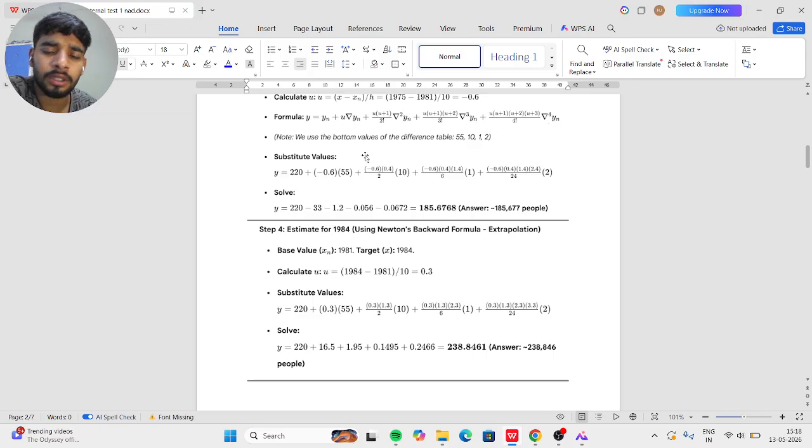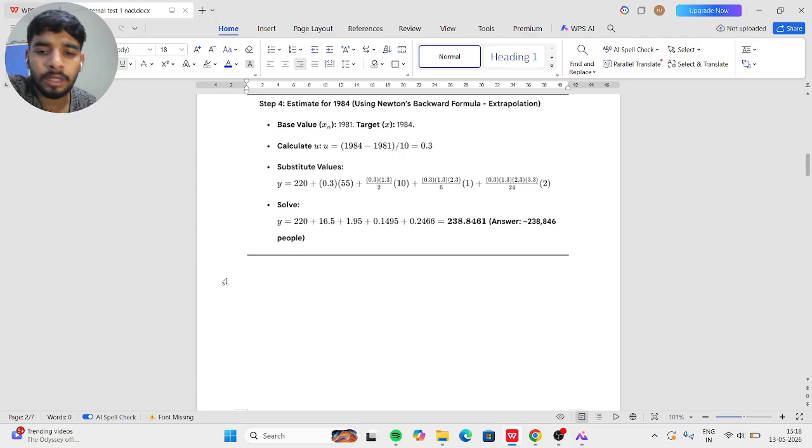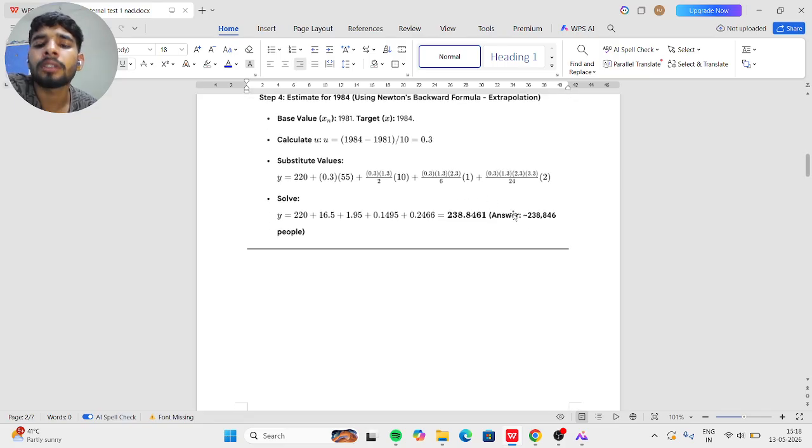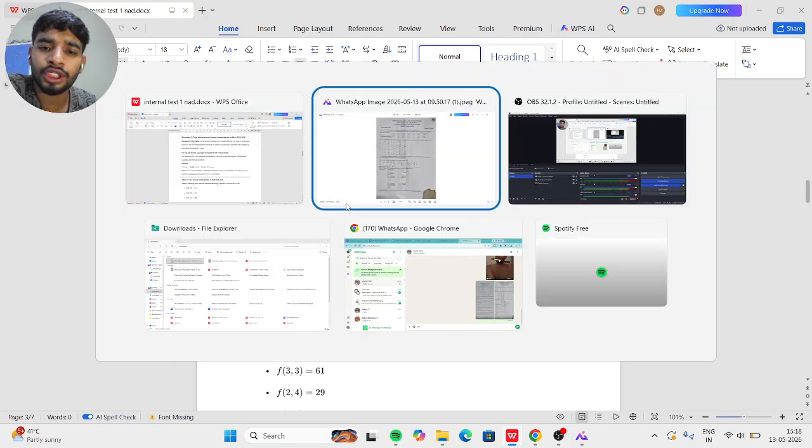We will use the same formula here, so we will substitute the values and then evaluate the answer. After evaluating, we will get y equals 238.8461, which tells that in 1984 the population will be around 238,846 people.